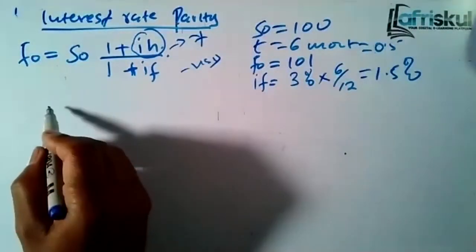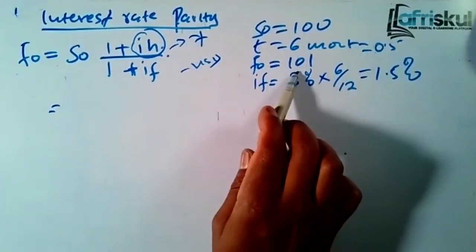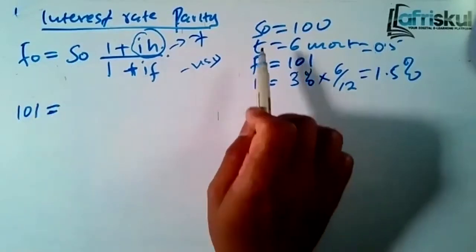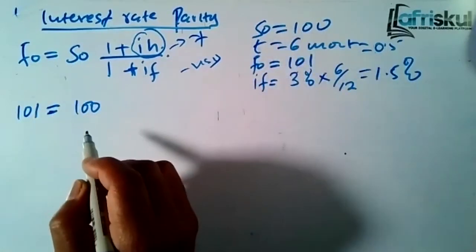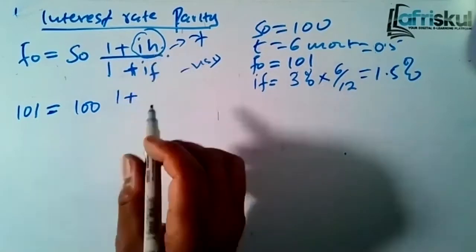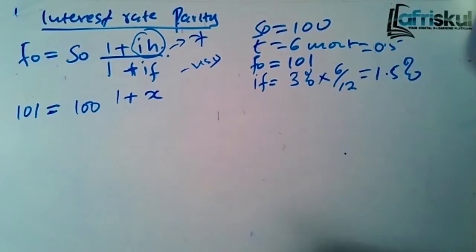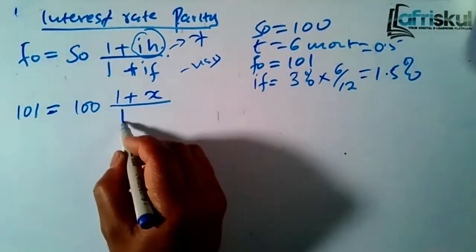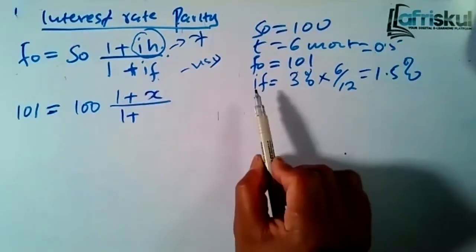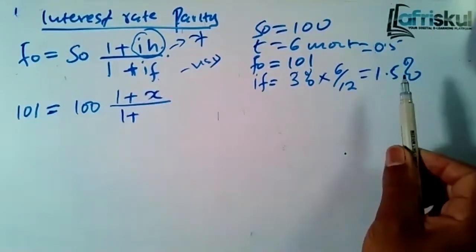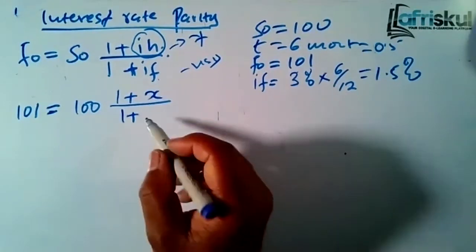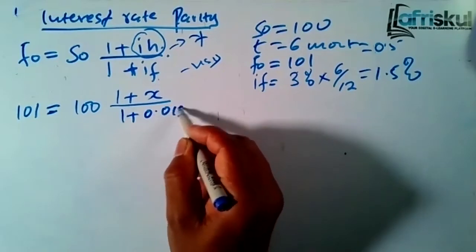So substitute this. F0 is 101, equal to S0, the current spot rate, which is 100, times 1 plus the interest rate in the home currency, which is Japan. That's what the examiner wants. You divide by 1 plus the interest rate in the foreign currency, which is the US, 1.5%. Converted to a decimal, that is 0.015.